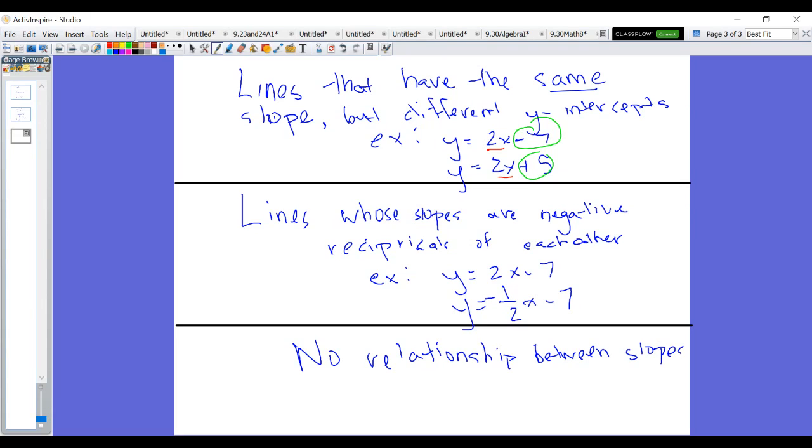So for these top two up here, I can make a statement like the slopes are the same, or the slopes are negative reciprocals. If I'm looking at something like the line y equals 5 and the line y equals x, the line y equals 5 has a slope of 0, whereas y equals x has a slope of 1. So I can't really make any kind of blanket statement about those two.